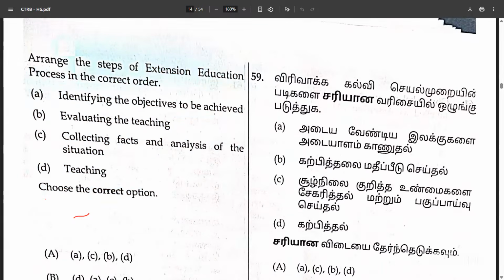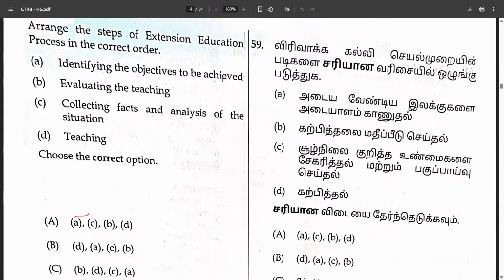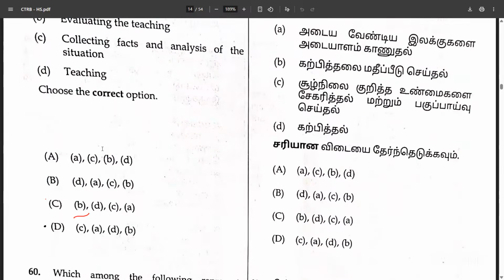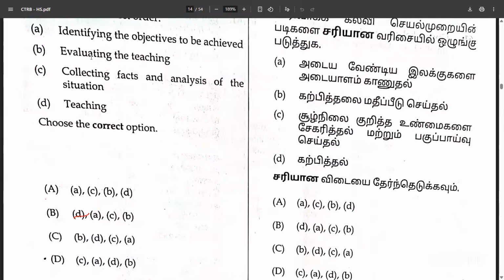Identify the objective to be achieved, evaluating the teaching, collecting facts and analyzing the situation, then teaching. The correct arrangement will be collecting facts and analysis of the situation first, then identify the objective to be achieved, then teaching, and at the end we do evaluation. So D will be the correct answer here.